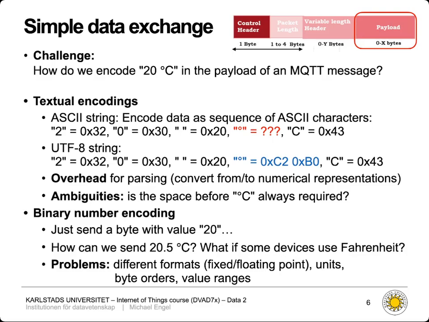So for 2, 0, and space, we have the same encoding as before with the ASCII string, and then we can actually find a character, or what's called a code point in UTF-8, for this degree character. And this doesn't fit in 1 byte, so we need an extension byte. So this would be the 2 bytes 0xC2, 0xB0. And then finally, we can find a regular uppercase C character at 0x43.